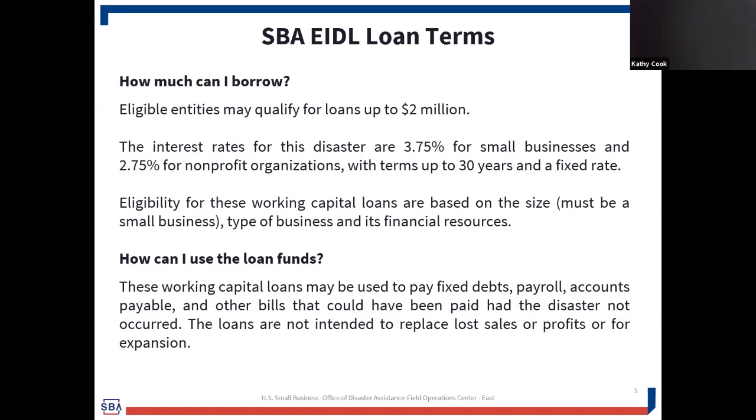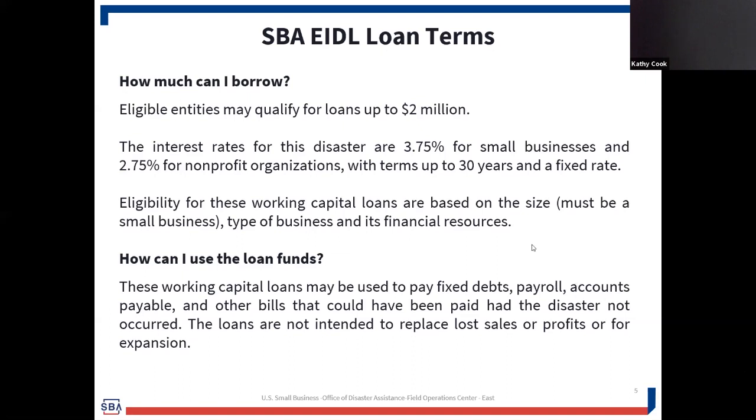Once again, you cannot use this loan to refinance debt. You can't use this loan to expand. You can't use this loan to make things better. It's to stabilize the business, to keep it in the manner it would have been had this not occurred. Next slide, please.